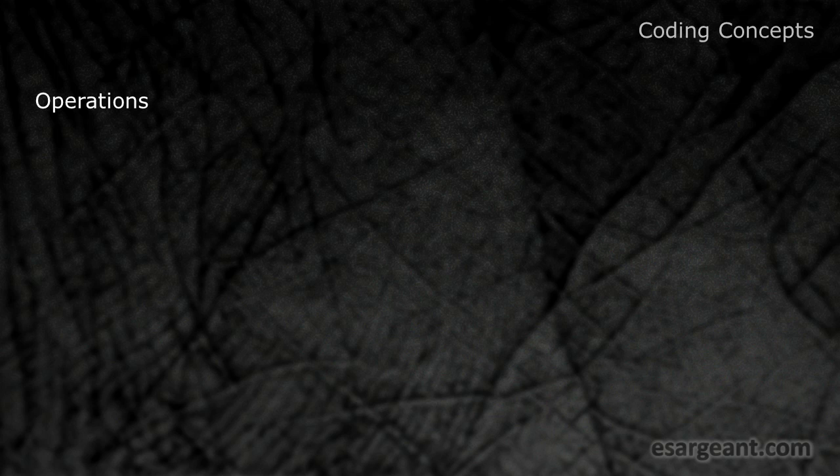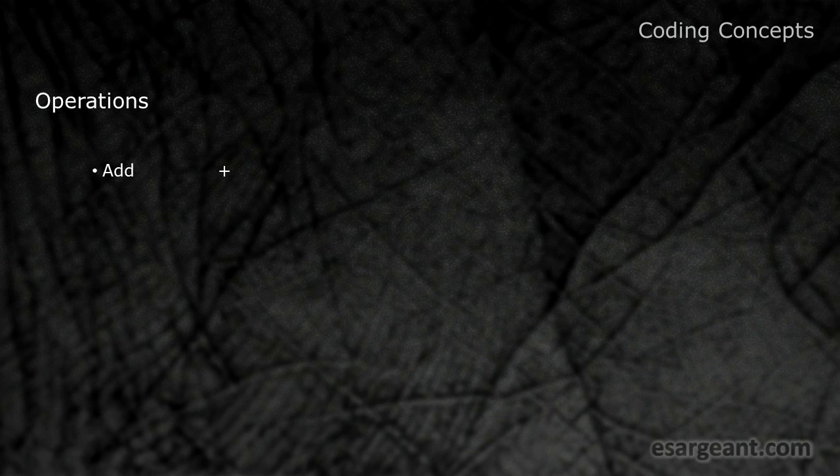Let's talk about operations then. We need a means of adding different variables together, dividing one variable by another, or doing a series of more interesting operations that we're probably already very familiar with. So let's take a look at the first one.